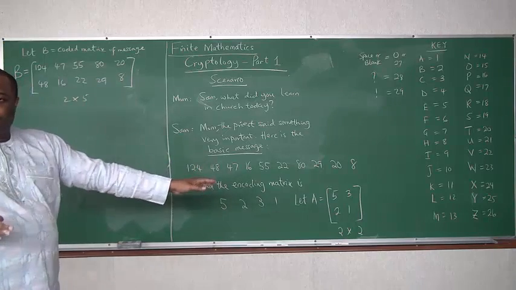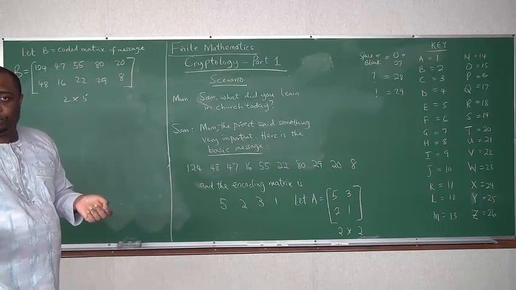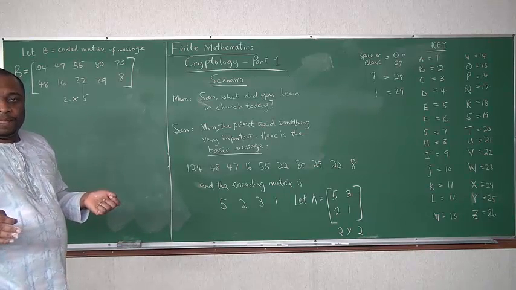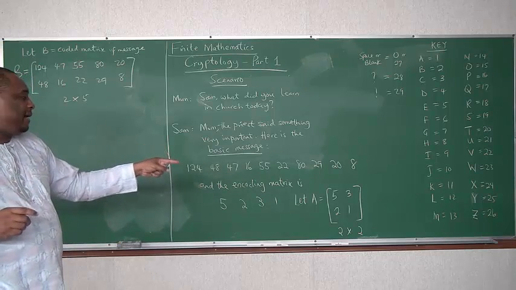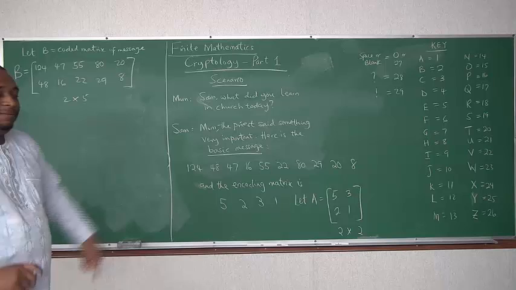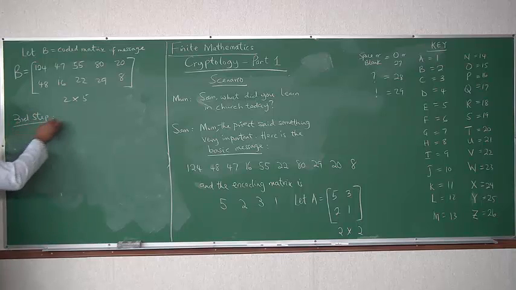Because if this is a 2 by 2 matrix, you make the coded message also have 2 rows. Then the third step is to find the inverse of this matrix, A inverse. So let's find A inverse.